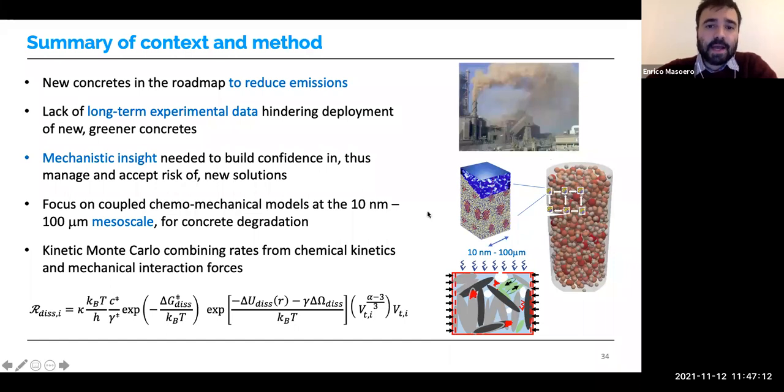And in this mesoscale, I've introduced what is out there in the literature. Nothing really can do the whole range of coupled chemomechanical processes as we would like to have. And therefore, I've presented a method that we have been developing between Newcastle and Cardiff in my team over the past 5 years. That are these kinetic Monte Carlo simulations based on chemomechanical rates.